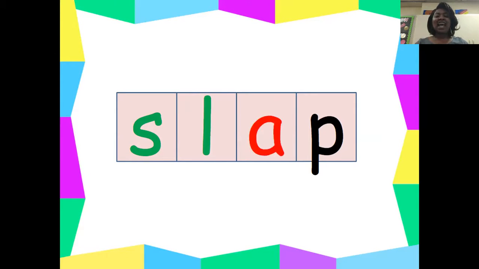If I change that I to an A, the word is slap. If I change the S to an F, my word is now flap. If I change the F to a C, my word is clap.